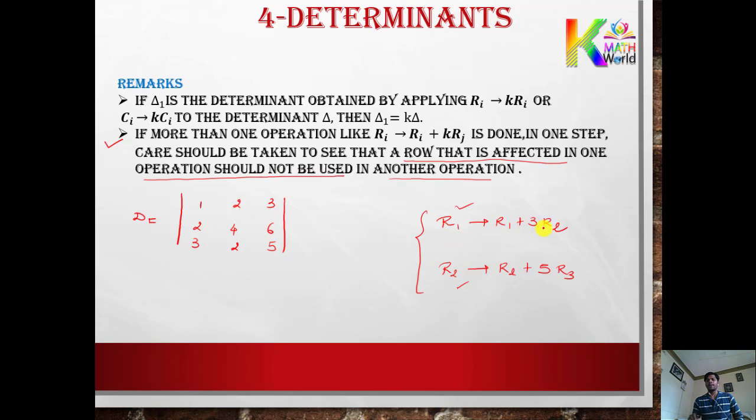But after performing this operation you cannot perform another operation like R1 plus 5 R3 on R1. Either consider different operations, or you can combine both operations at the same time, like on R1 performing R1 plus 3 R2 plus 5 R3.